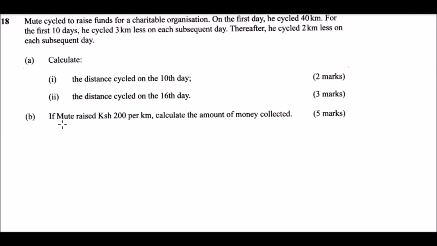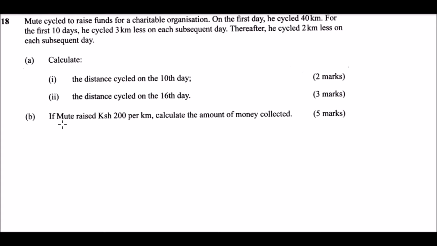Question number 18. We are told Mute cycled to raise funds for a charitable organization. On the first day, he cycled 40 kilometers. For the first 10 days, he cycled 3 kilometers less on each subsequent day. Thereafter, he cycled 2 kilometers less on each subsequent day.